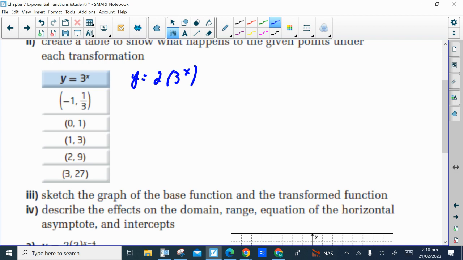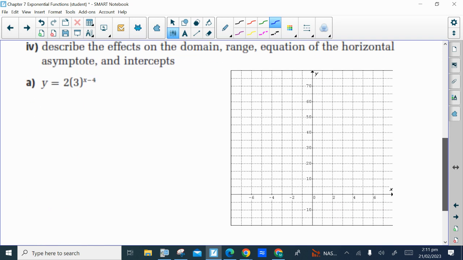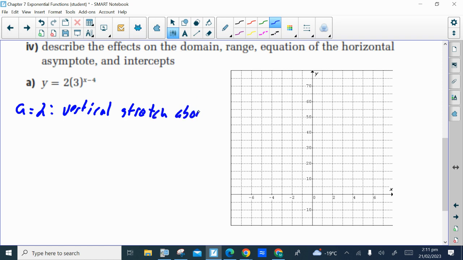And what it does when a equals 2, and we'll write it maybe down below here, remember that will cause a vertical stretch, and you have to state about what axis. It's about the x-axis because it's a vertical stretch, and you also have to state the scale factor. It'll be by a factor of 2.